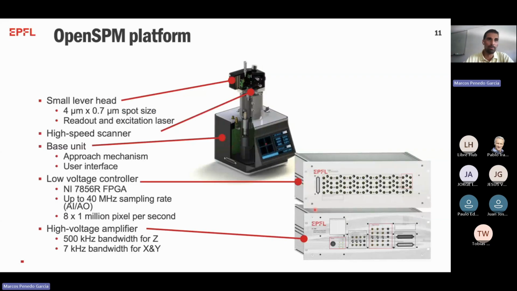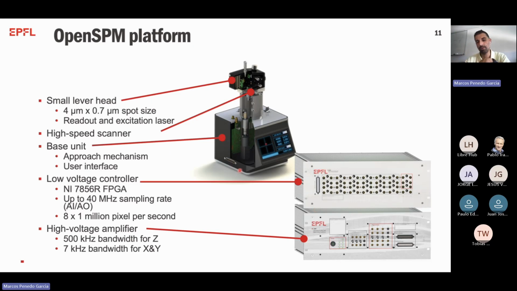Just coming back to our platform, we have different pieces in our platform, and one of the advantages is that they're quite modular. Some of them, for example, the controller or the high voltage amplifier, can be used in another system. You don't need to use our AFM head or our AFM base.